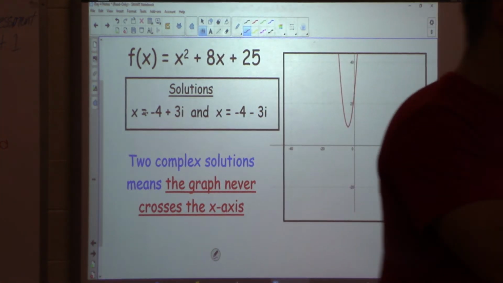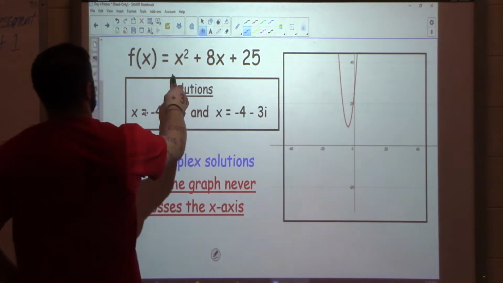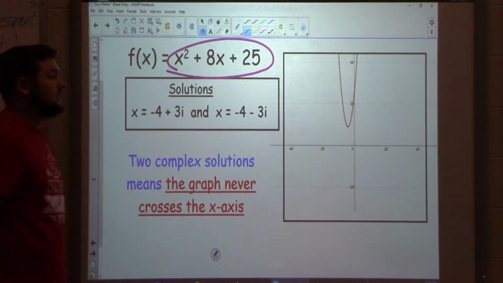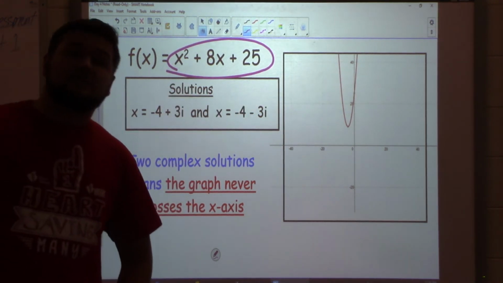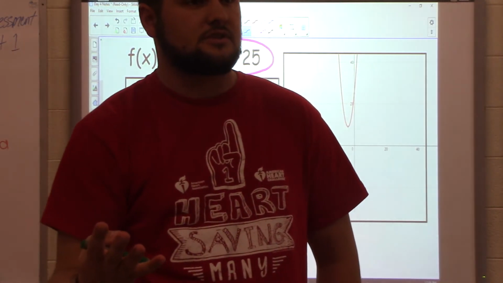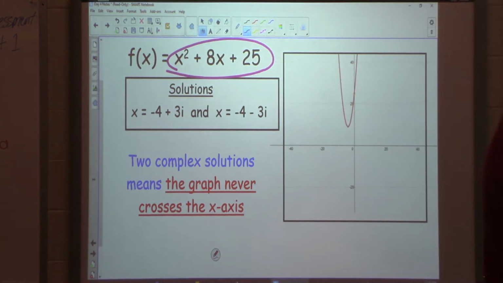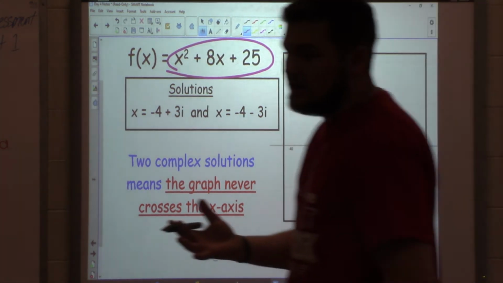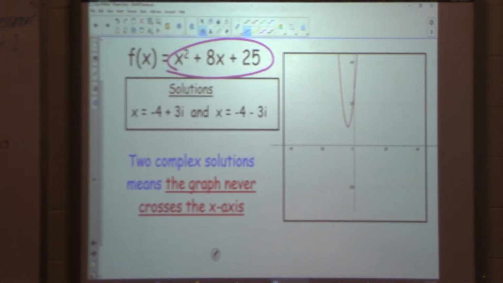Y equals, let's say, x squared plus 8x plus 25. And you have to look and see, does this actually touch the x-axis? If it hits it twice, you know there's 2 real solutions. If it just touches it once at the vertex, you know there's 1 real solution. And if it never touches the x-axis at all, you're going to have 2 complex solutions.